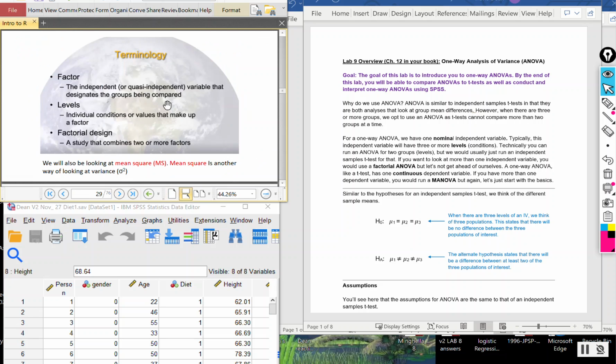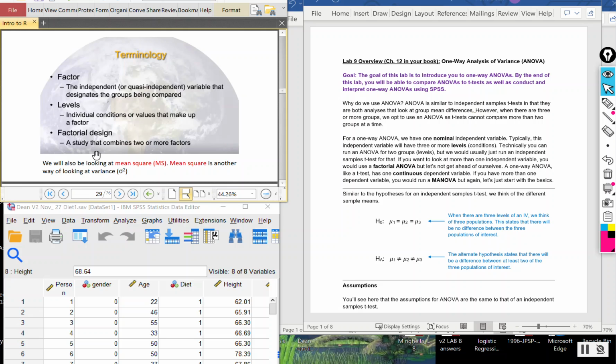Factor: this is an independent variable that designates the groups being compared. And then we have levels, which we've already seen before: conditions or values that make up a factor. And then we're going to be dealing with a factorial design. Maybe not so much today, because we have one independent variable with three levels. The levels represent the groups, but it's not like we have two different types of changes being made.